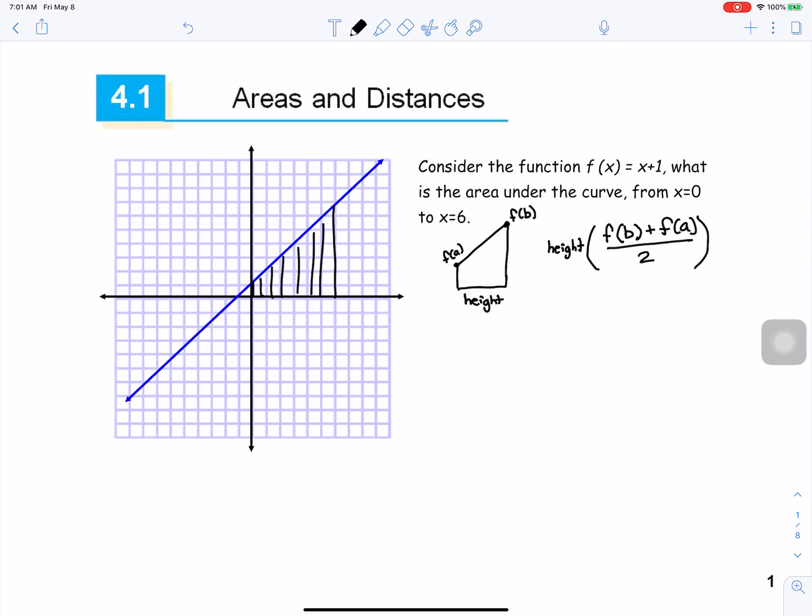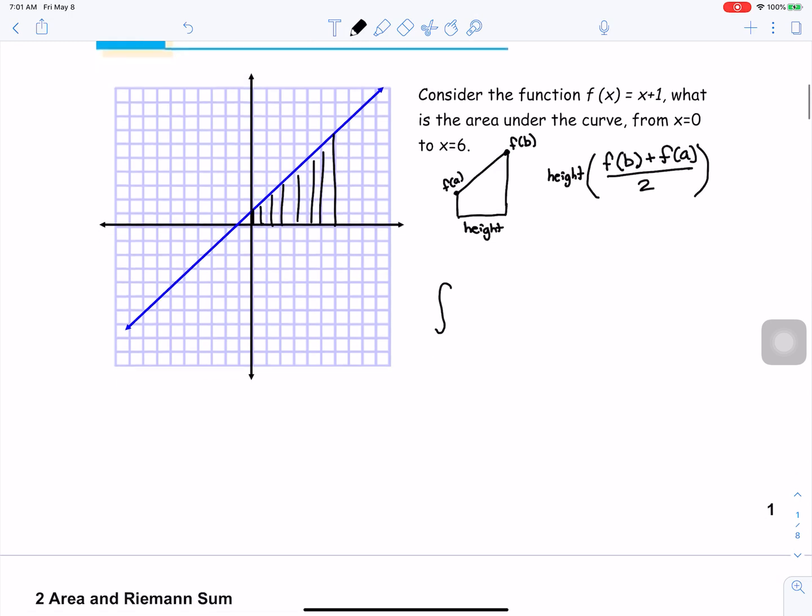Okay, so I'm going to represent this through an integral. I'm interested in the area under the curve from 0 to 6 of my function dx. We can always put that function in for f of x, so this is just x plus 1 dx.